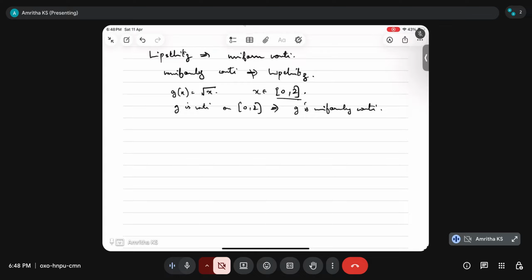Now we will show that g is not Lipschitz on this interval.